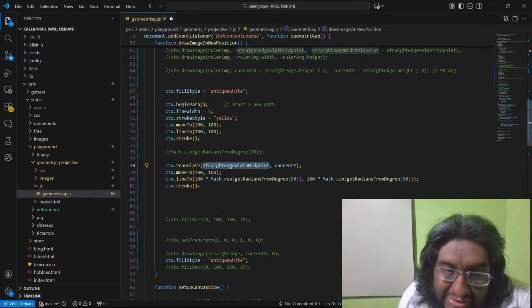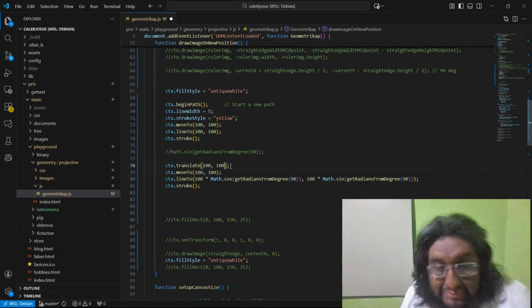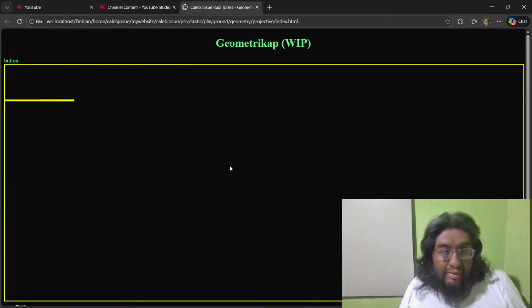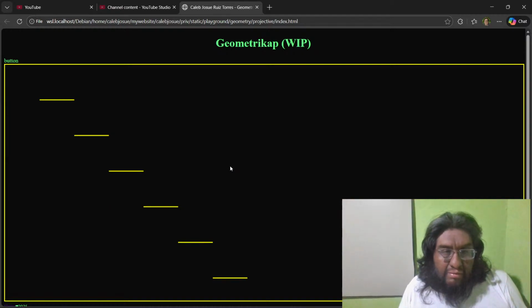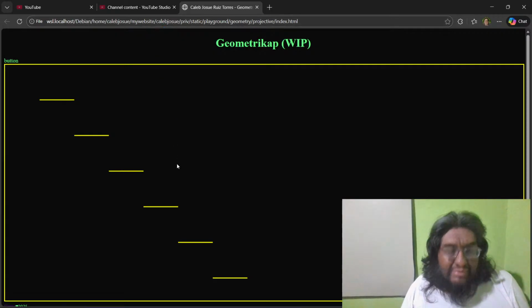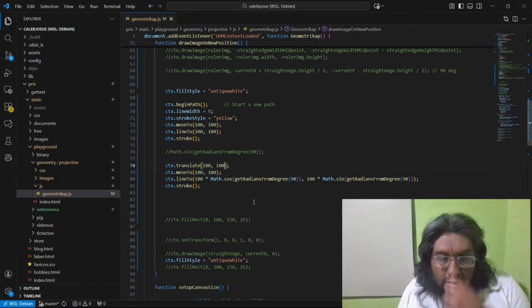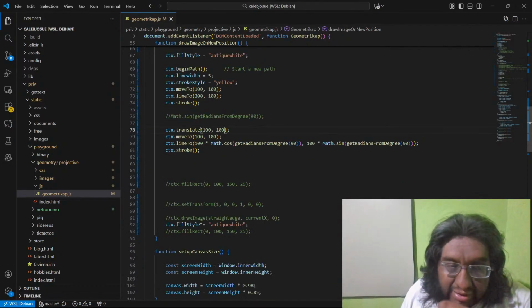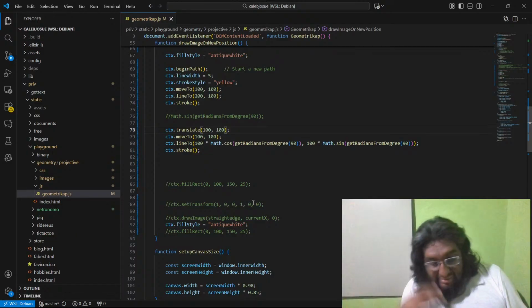So we're going to translate to 100, and this should work. Oh my God. Remember that we are not resetting the viewport.